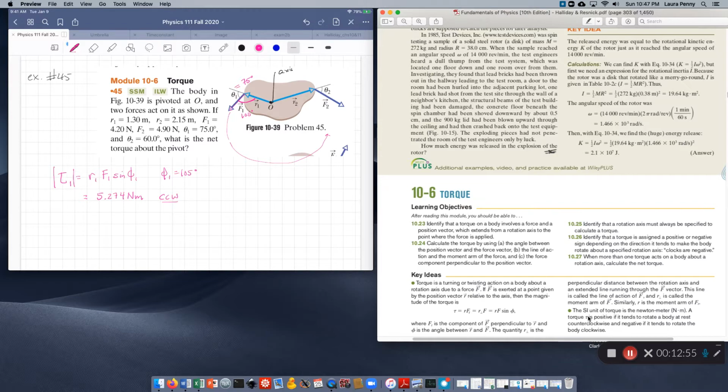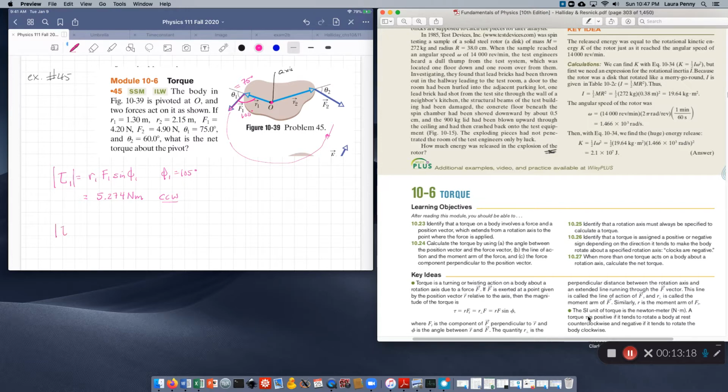On its own, this force is pulling this way, and we're moving around this axis point, so it is going to want to move this thing around in a circle, and the circular motion is going to be counterclockwise, opposite the way that a clock would move.